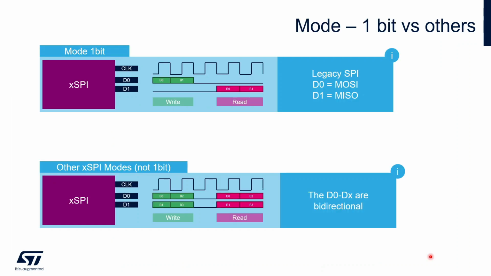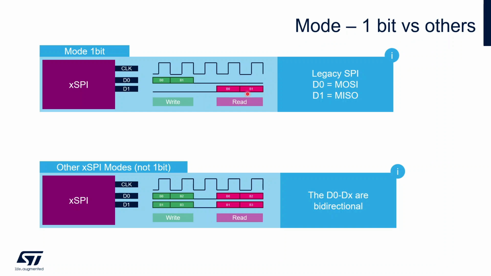In case you select the 1-bit mode, using only 1 wire at a time, it's working as a standard legacy SPI. So 1 wire is the MOSI, which sends data into the memory, and 1 is acting as a MISO.